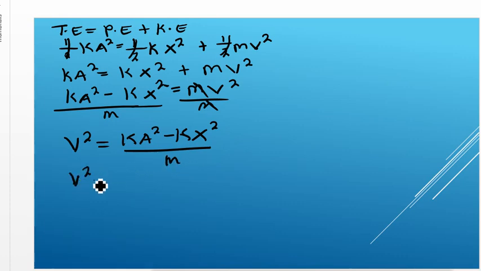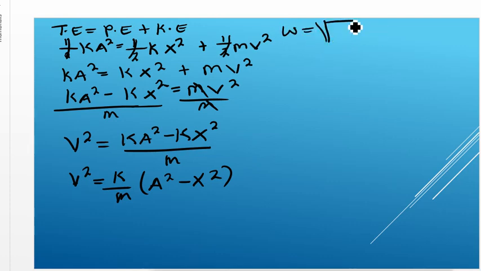Now remember that we can do some mathematics. We can factor out k, so it's going to be k over m, then a to the power 2 minus x to the power 2. Now remember that omega is equal to the root of k over m. Then if we add the power 2 this side, omega squared is equal to k over m.